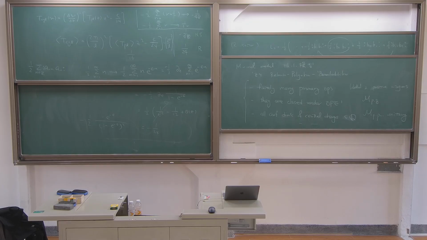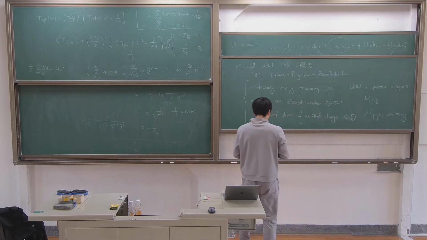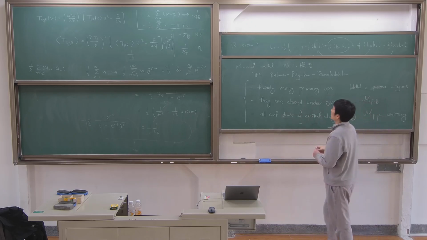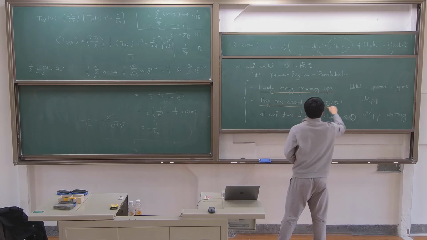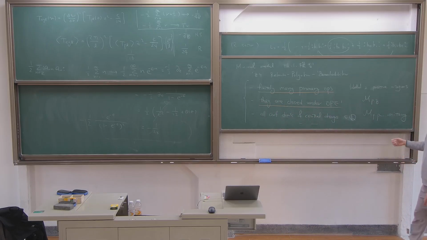That's the one we are going to do. So the really important properties are the first two. This third one is actually contingent.